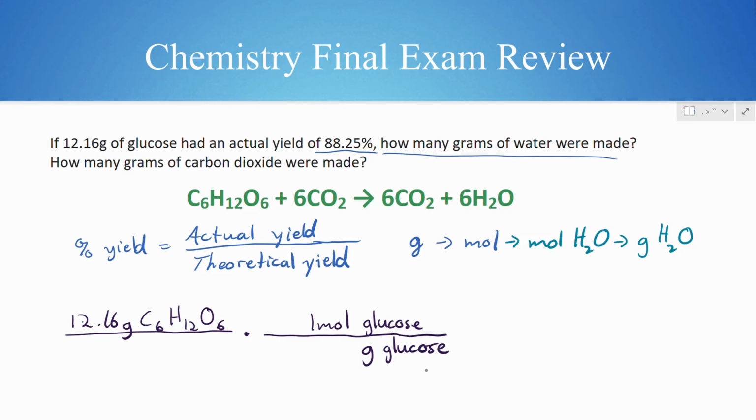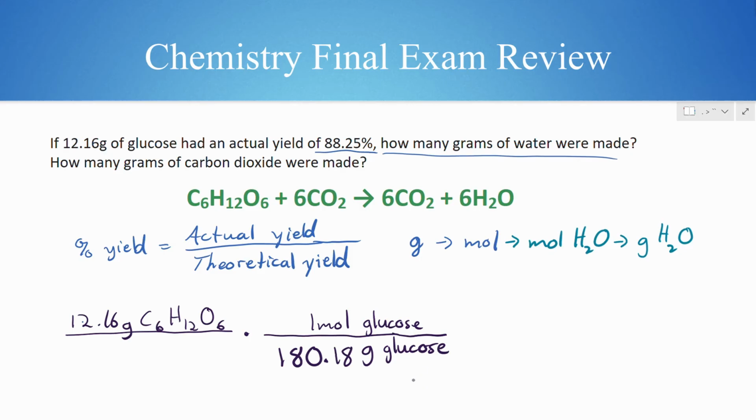So the molar mass of glucose is going to be 6 times 12.01 for carbon plus 12 times 1.01 for hydrogen, and then finally plus 6 times 16 for oxygen. And that turns out to be 180.18 grams of glucose per 1 mole.